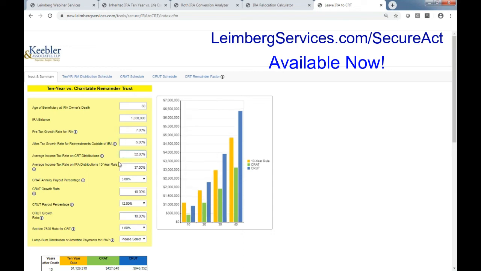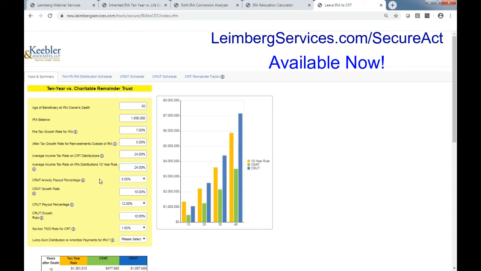And we're going to use an average income tax rate on CRT distributions of 24%. And we'll use an average tax rate on the IRA distributions, let's just say also 24%.